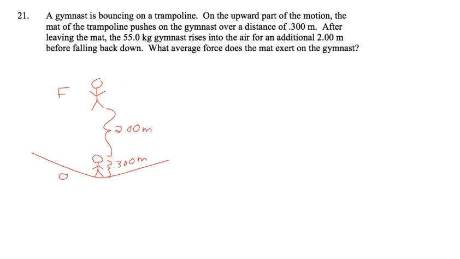So if I write my equation, I'm going to have K0 plus U0 plus W equals KF plus UF. Whatever the low point is, we always make that 0, that way everything is taken from the low point. If my low point is right here, then I'm not going to have any original potential energy, so that's 0.